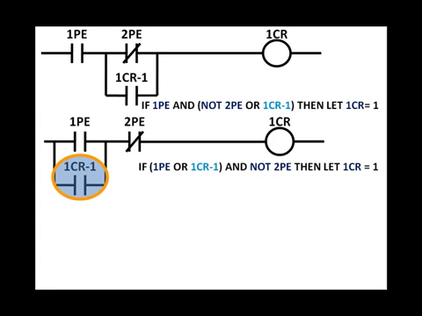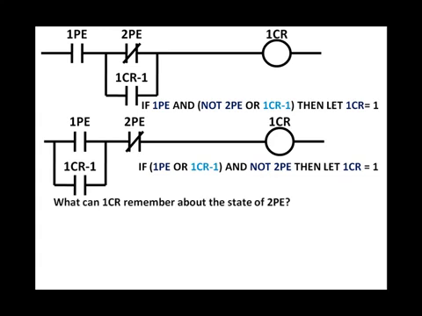Now, I didn't say what happens if 2PE normally closed contact goes true. I said if the photo I, 2PE, goes to the on state when 1CR is energized. What will happen if 2PE comes on after 1CR is energized?